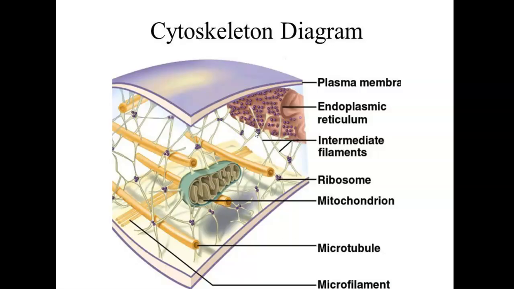Together, all of these filaments support the cell, which is why it's called the cytoskeleton. It's sort of like the internal skeleton of the cell because it holds all the structures together. These filaments also serve as sort of like a highway system within the cell, so substances can move within the cell. So it's like a transport network within the cell.